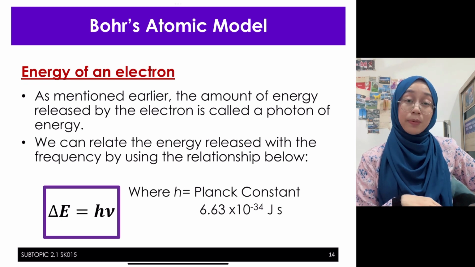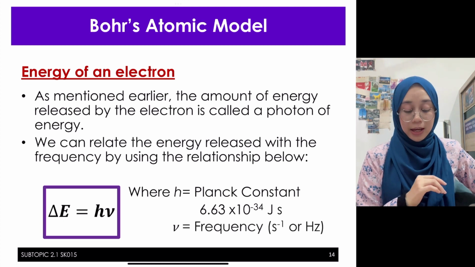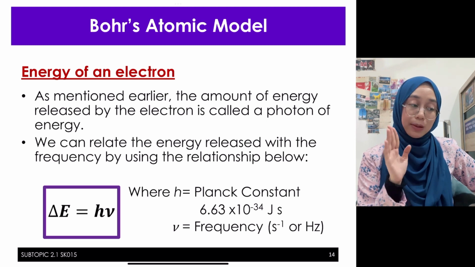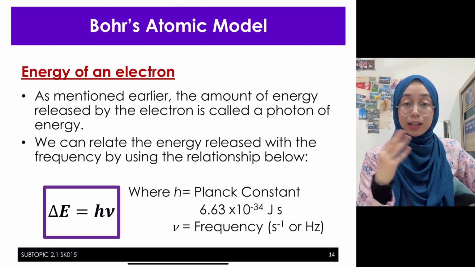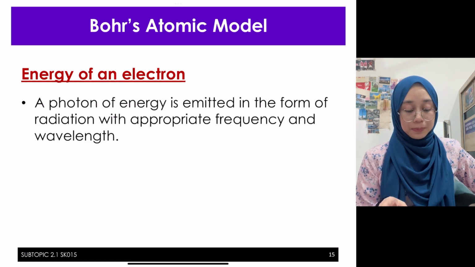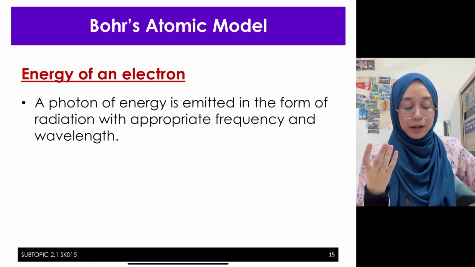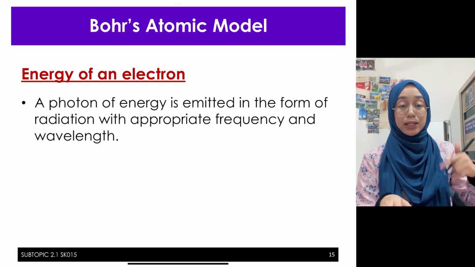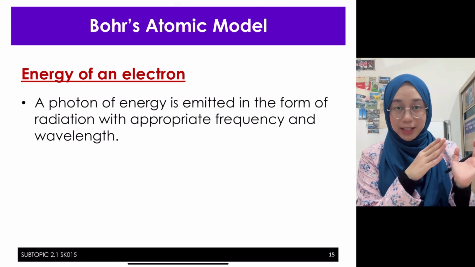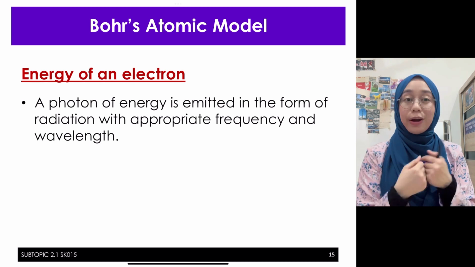So do we need to memorize this? No, ada dalam list of constant kamu. Okay, and also yang v tu adalah frequency. Frequency unit dia adalah per second ataupun in hertz. Okay, so a photon of energy, since dia akan emit in the form of radiation with appropriate frequency and wavelength, so daripada formula tadi, delta E equals to hv, kita boleh cari wavelength juga.